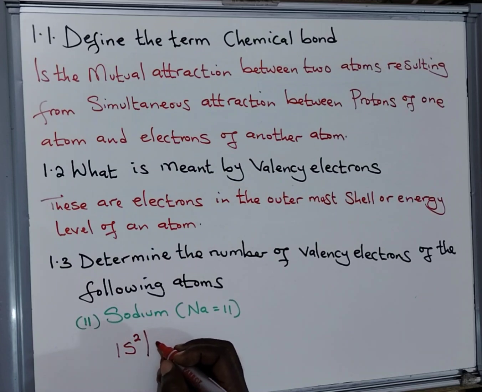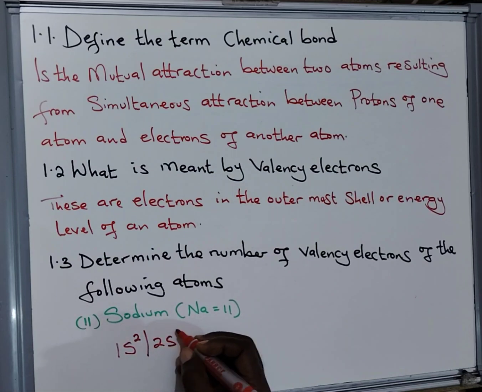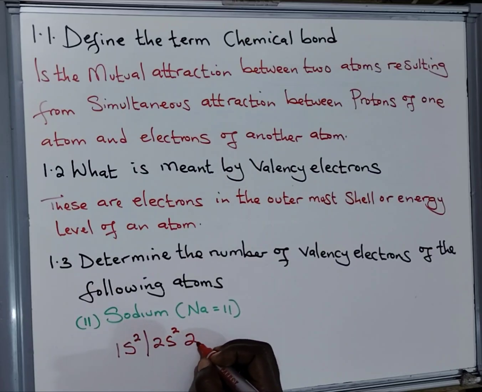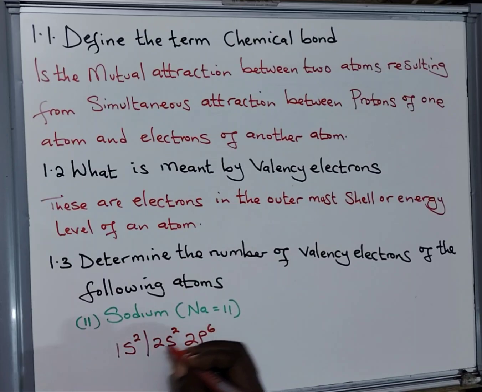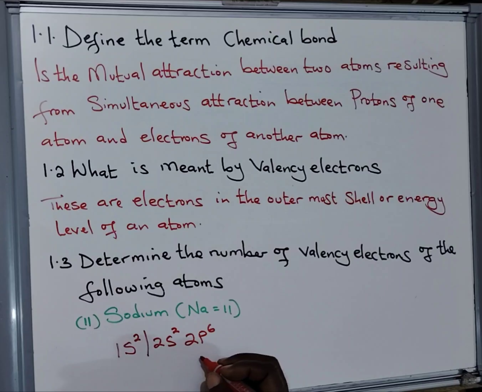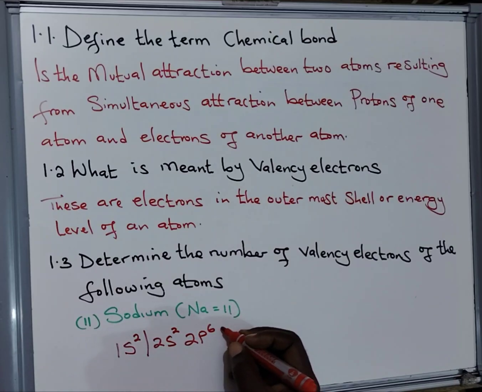Then you go to the next shell or next energy level. 2s has a maximum of 2. Then 2p, still in the second shell, has a maximum of 6. So when you do the count here, what do you see? There are the 10, and we have 11, so we are remaining with 1.